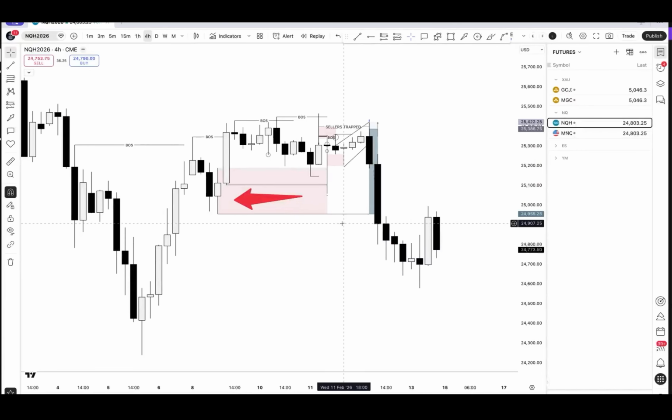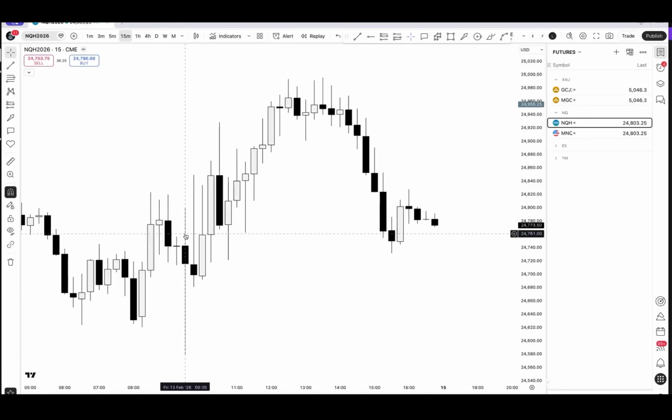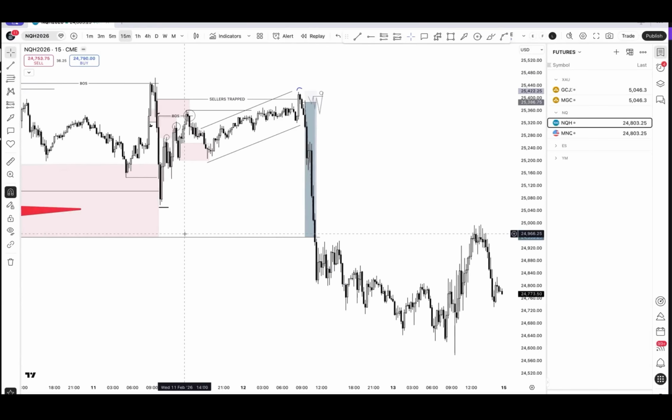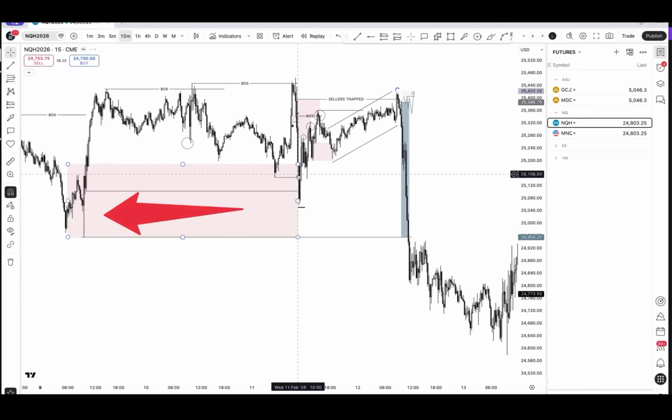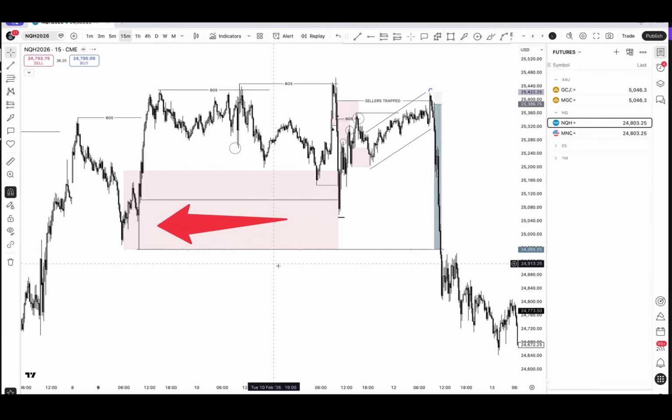Honestly, this is why I try to stay away from having some sort of bias, like me wanting to see what price is going to do instead of just looking at what price is telling me. Because half the time I'm unsure or I just get caught up in the other side of the market.